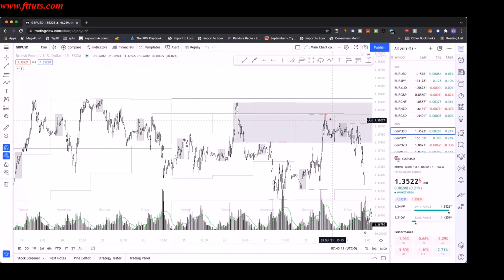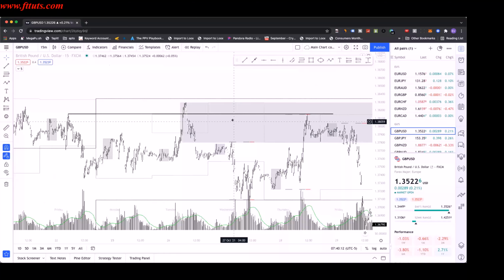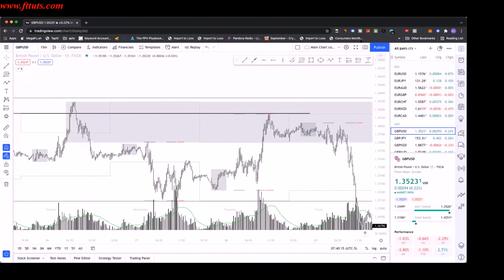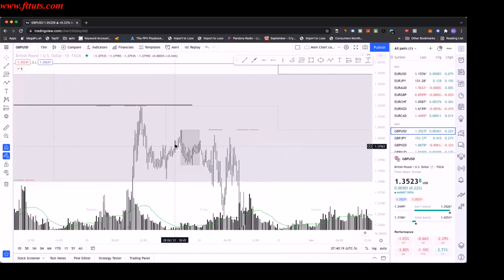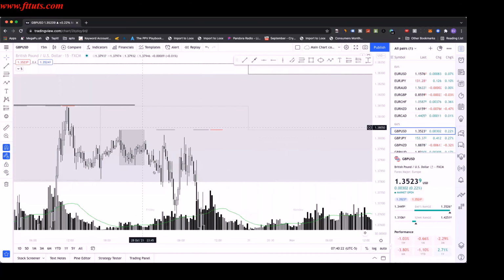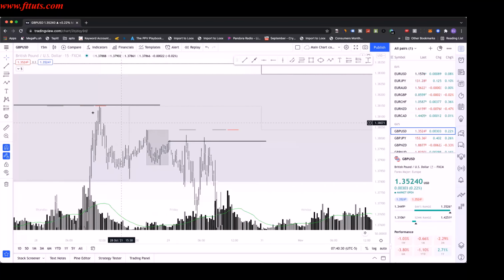So there's your entry here, or if you wanted a smaller stop, here. All you're looking for is a QM inside this area, inside your engulfment. That's it.